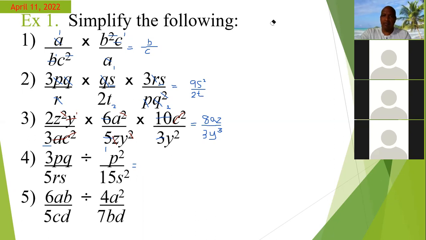They're going to write 3p squared cubed, times 15s squared, over p squared.